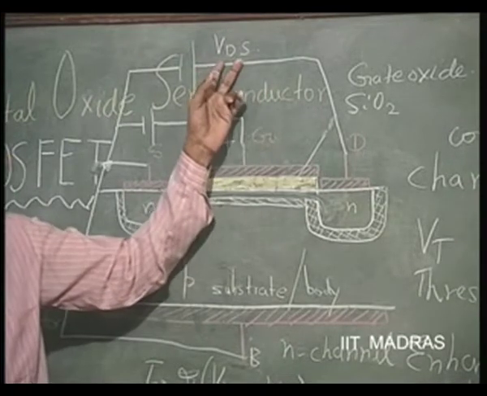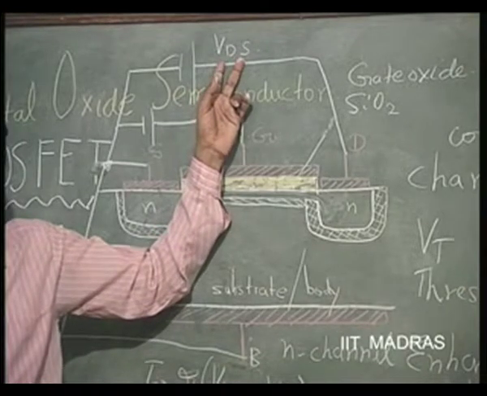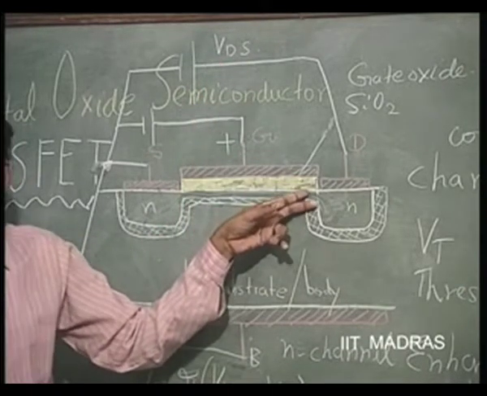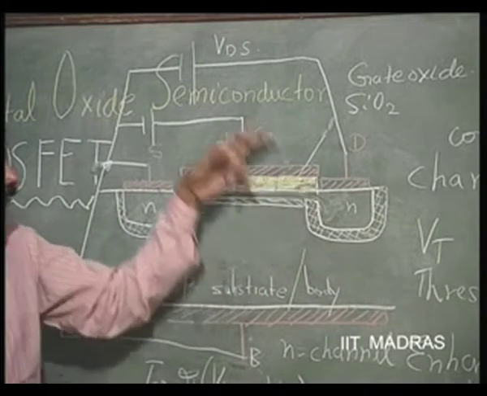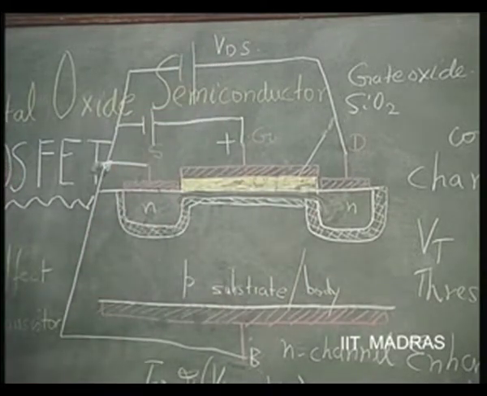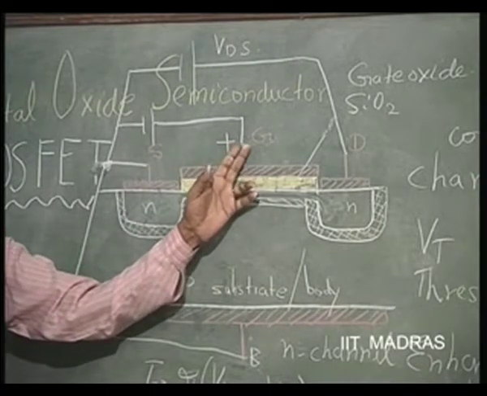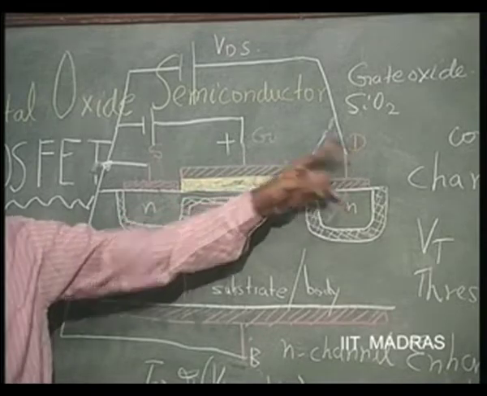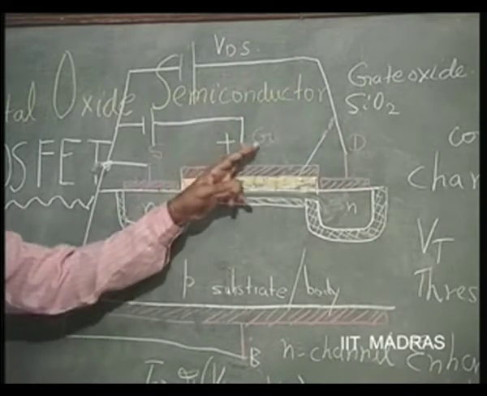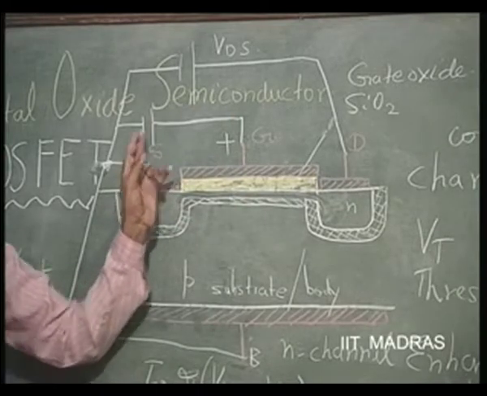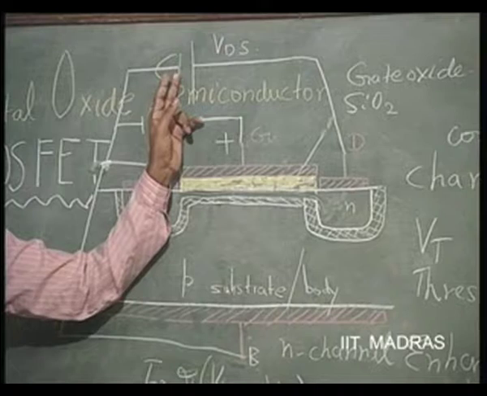That means, when VDS was equal to VT itself, it has got blocked here, right. So, now once again let us see, this is VGS, the voltage VDG is equal to VGS minus VDS, right.